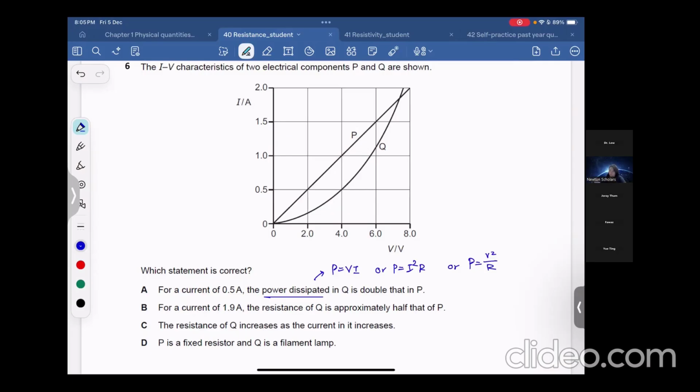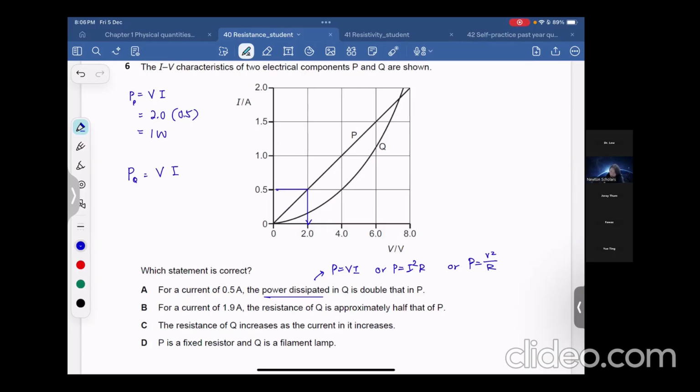Manjo, correct. Okay, so dear, can you see that? We have I, we have V. Then using P equals VI is the easiest one. P equals VI. Then here, when current is 0.5, my V is 2.0. So 2.0 times 0.5, I will get 1 watt. So this is P. Power for Q is VI.